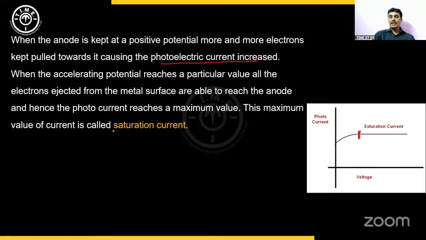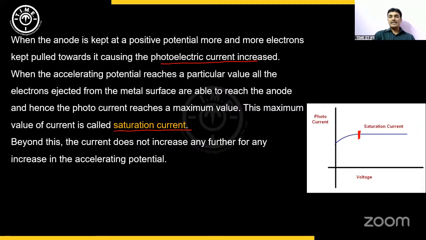That particular current is called saturation current. Now, beyond this, even if the potential is increased to this value, or even this value, at all these values, there is no further increase in current. The current is maintained constant. Even if the accelerating potential is increased, there is no further increase in the current.